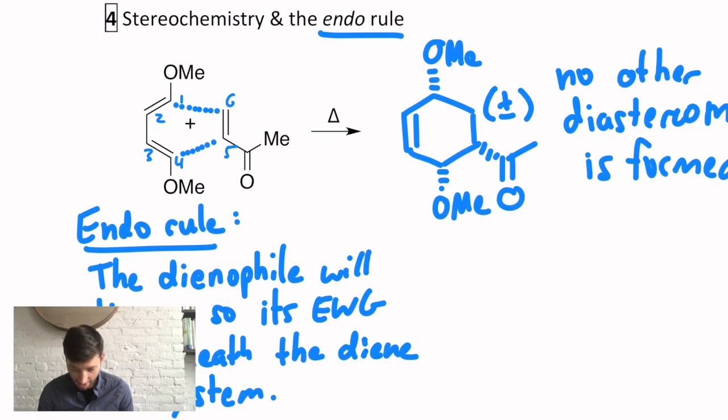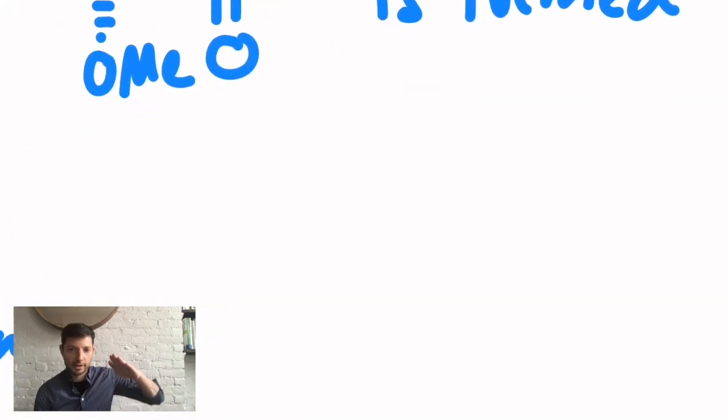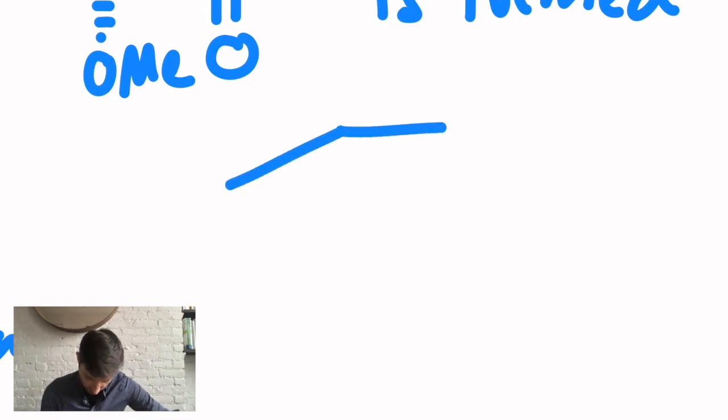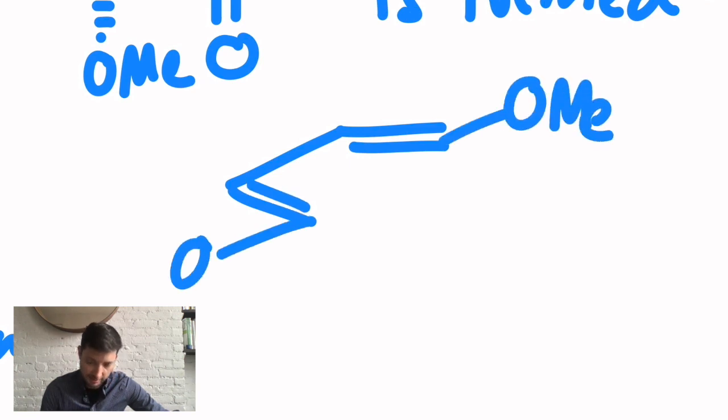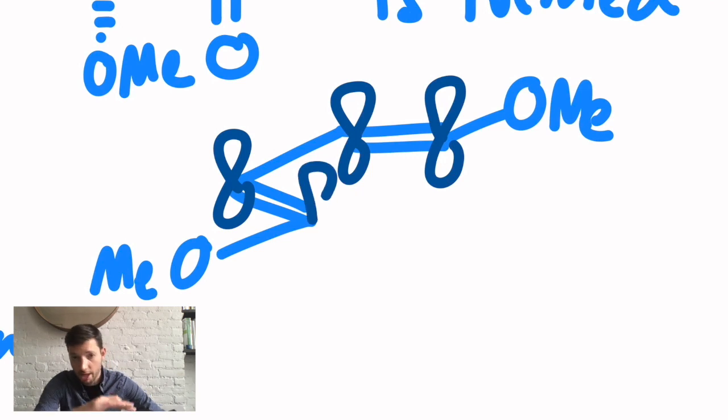What do we mean by that? Well, let me redraw the diene, and I'm going to draw it as if we're looking at it along its edge. There's the diene. It's got 2 methoxys on it. And it has a pi system. There's p orbitals on all 4 of those carbons. They're all lined up. Remember, that's what it means to be conjugated.